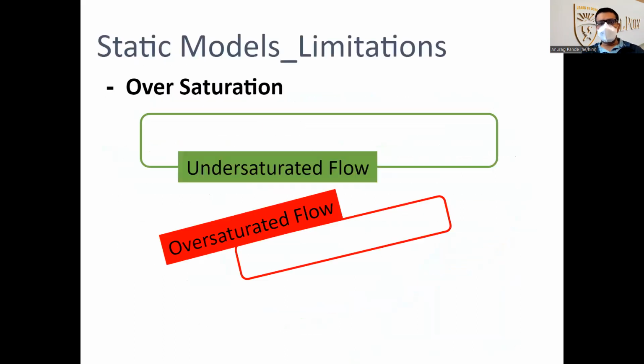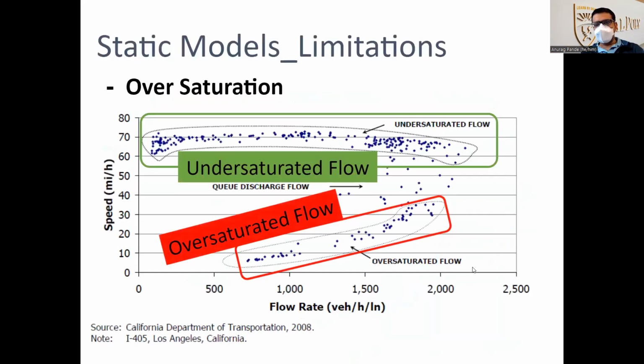You could see it in this chart here. Let's say the capacity is 2000. At any flow exceeding 2000, you could be at this point, this point, this point, this point. You just don't know which point you are going to be at once the demand exceeds capacity. So once you go above, let's say, if the capacity is 1800 or 2000, once you exceed that level, all these data points could line up wherever.